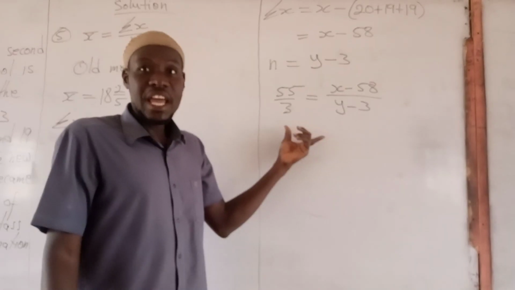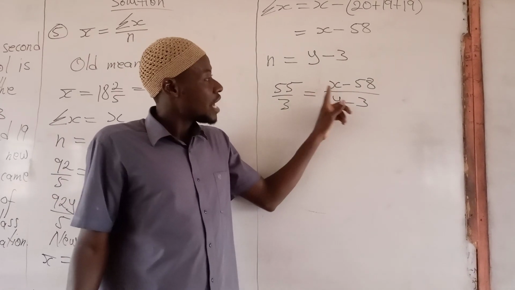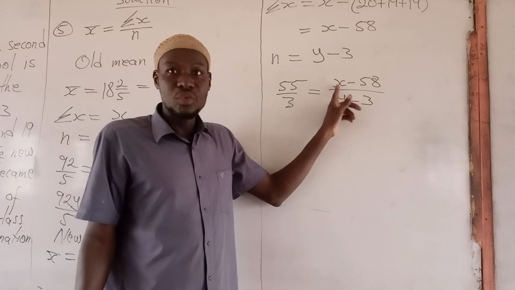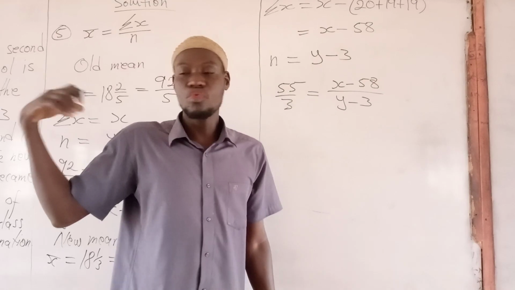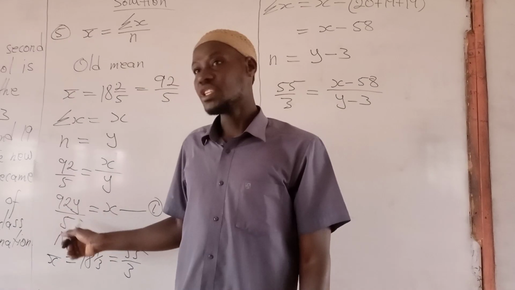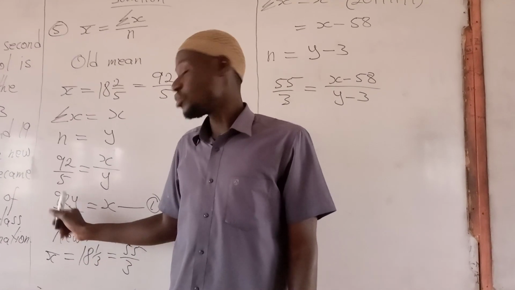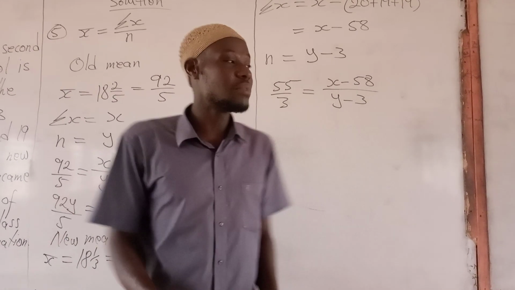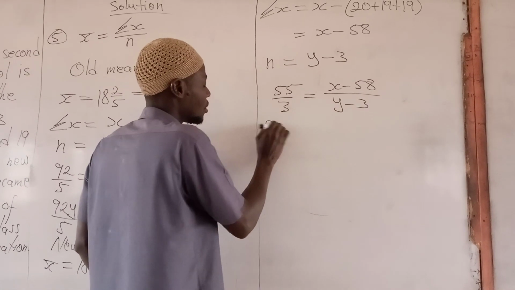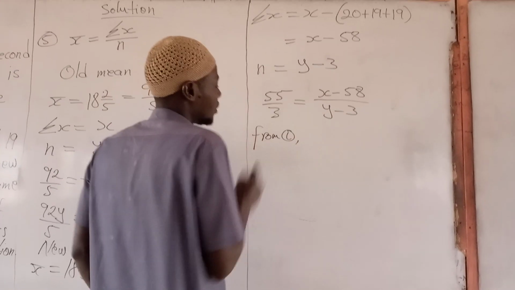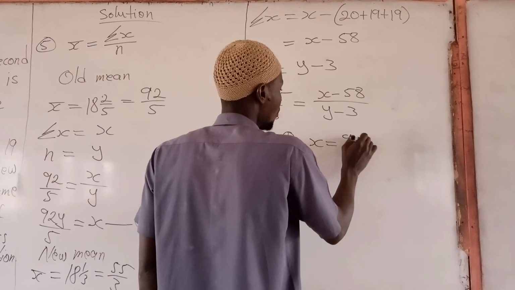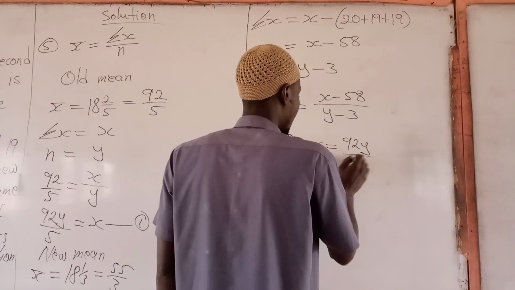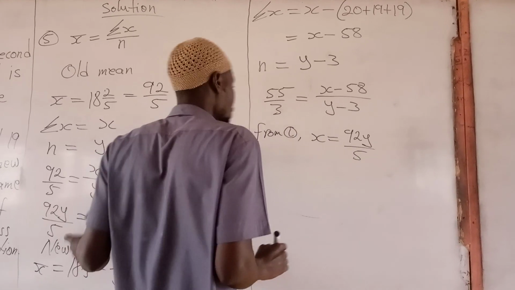But we learned that the x, which stands for the sum of the students in equation 1, is equal to 92y divided by 5. So from equation 1, x is equal to 92y divided by 5.